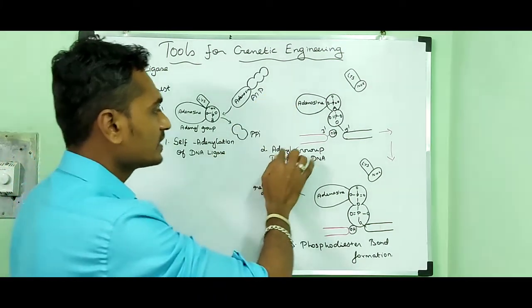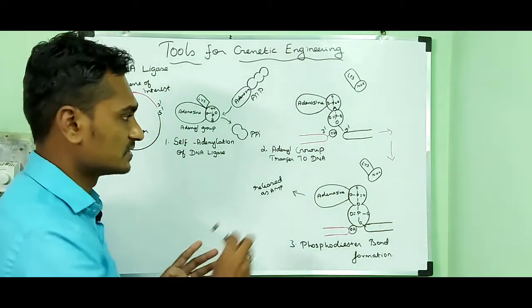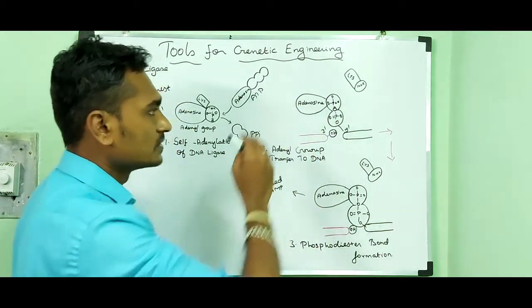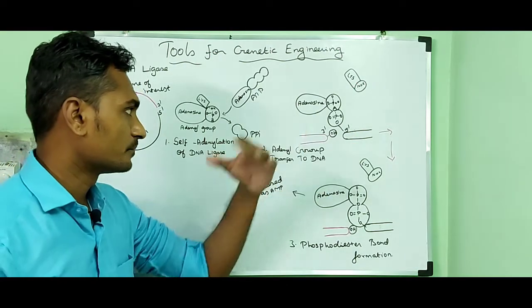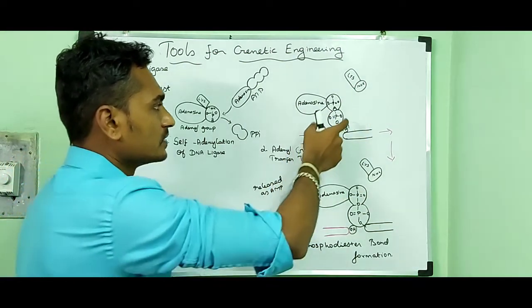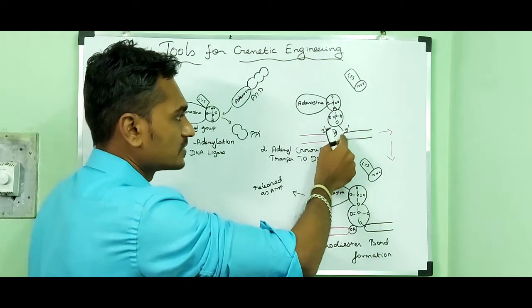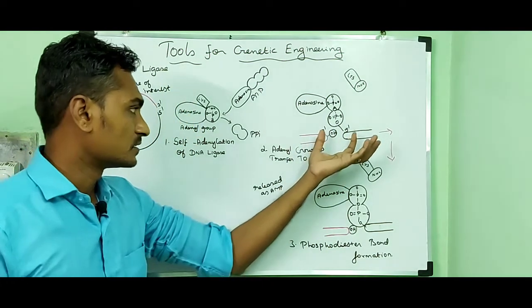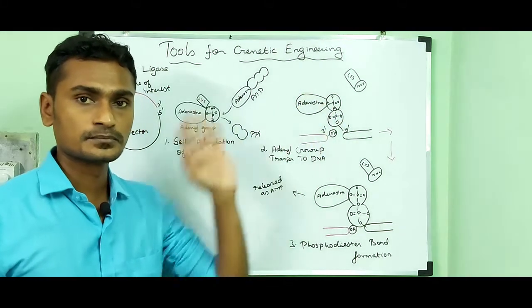Then that adenyl group transfers to the DNA and it gets attached to the 5' end which contains the phosphate.